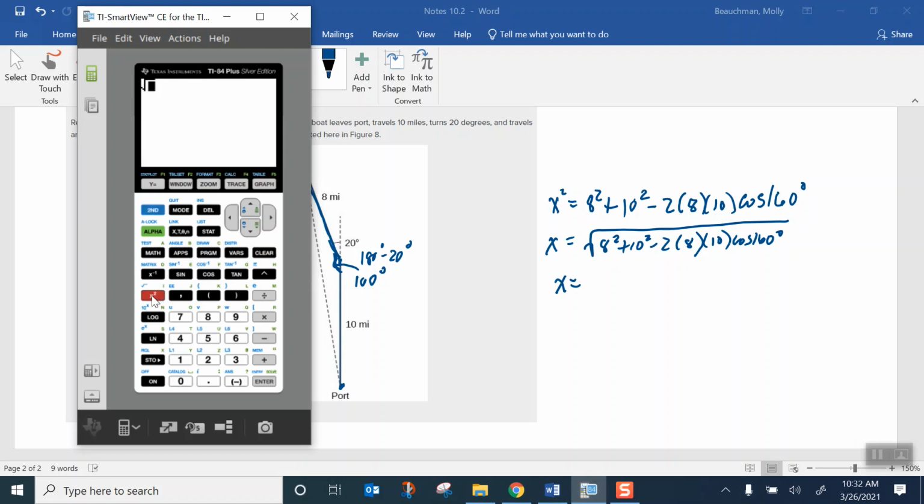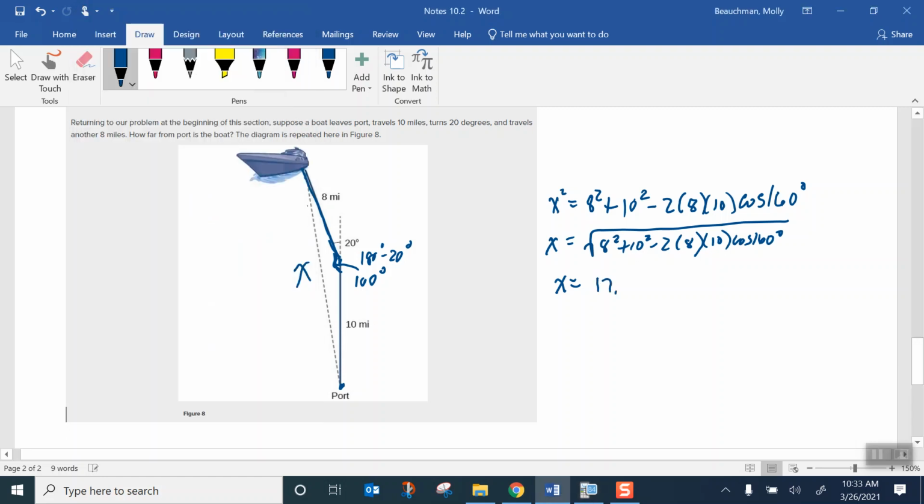I get the square root of 8 squared, which is 64, plus 10 squared, which is 100, minus 2 times 8 times 10 times the cosine of 160 degrees. And we end up with about 17.73 miles.